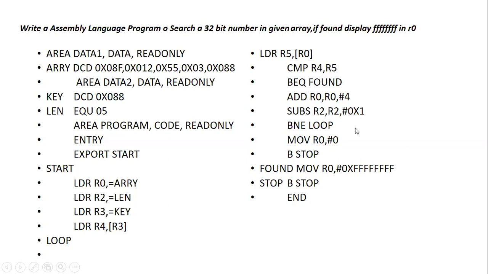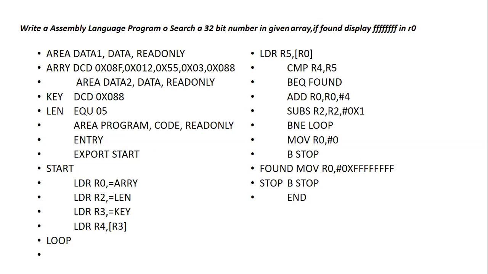Okay, for our ARM Cortex board, our aim will be to write an assembly language program to search a 32-bit number in a given array. Now, how do we indicate whether the number is found or not? For that, we are putting a condition. If the number is found, display all F's, double F, in the R0 register.